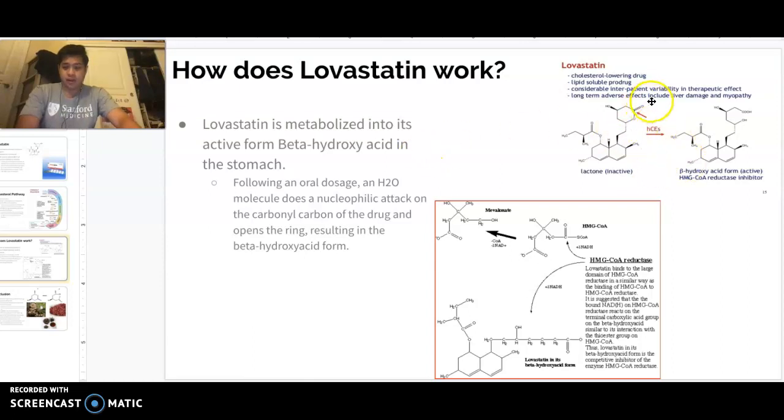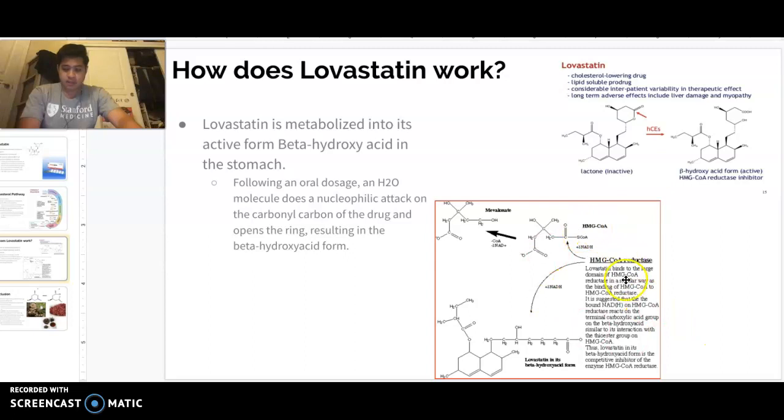You can see over here this is the inactive form of lovastatin, and once the nucleophilic attack occurs on the carbonyl carbon, the ring opens, and that is what forms the beta-hydroxy acid. This is now in its active form, and it can work to inhibit the formation of mevalonate.